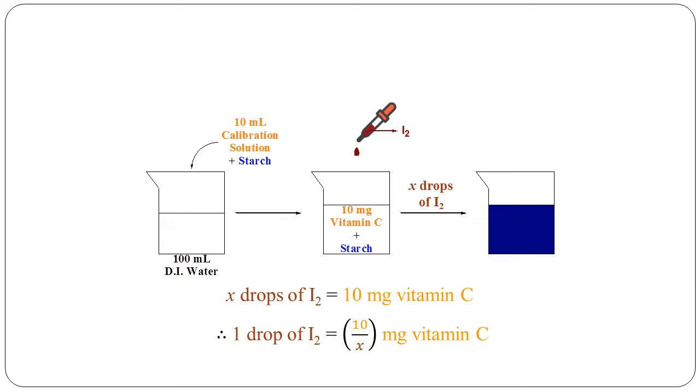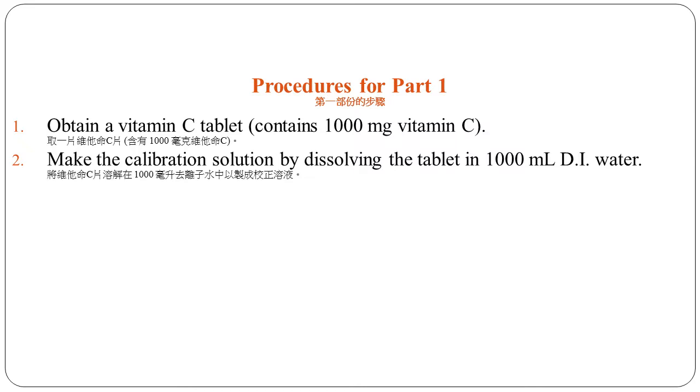If we drop X drops of iodine into the solution and the solution turns blue, this means that X drops of iodine equal 10 mg of vitamin C, and therefore 1 drop of iodine is equal to 10 over X milligrams of vitamin C.